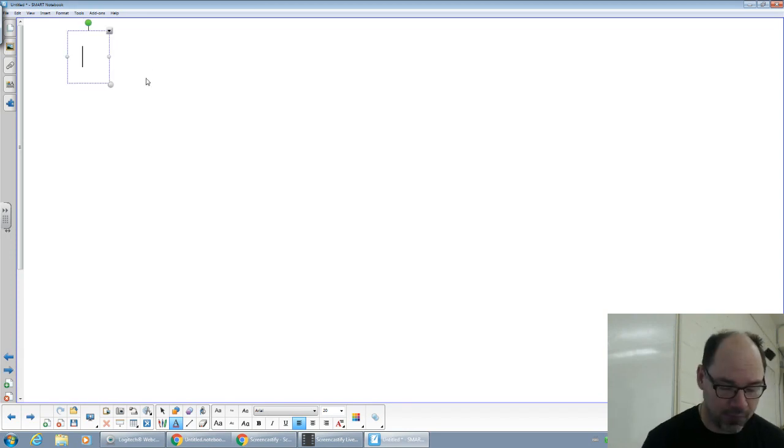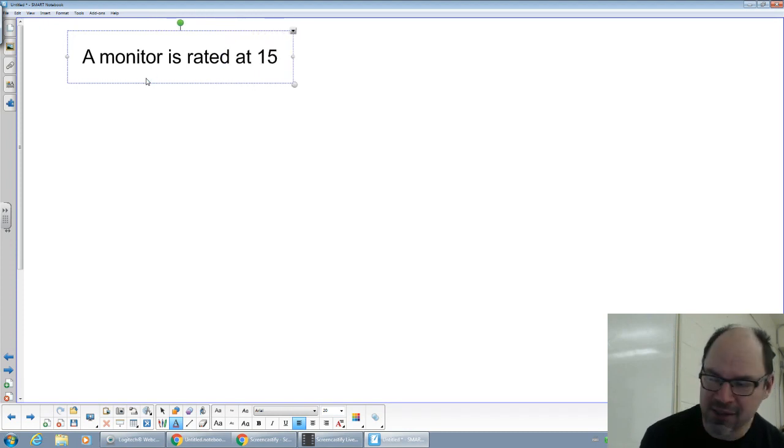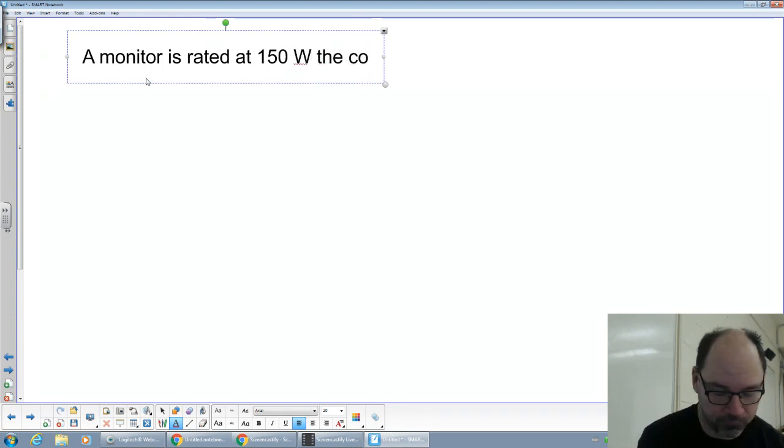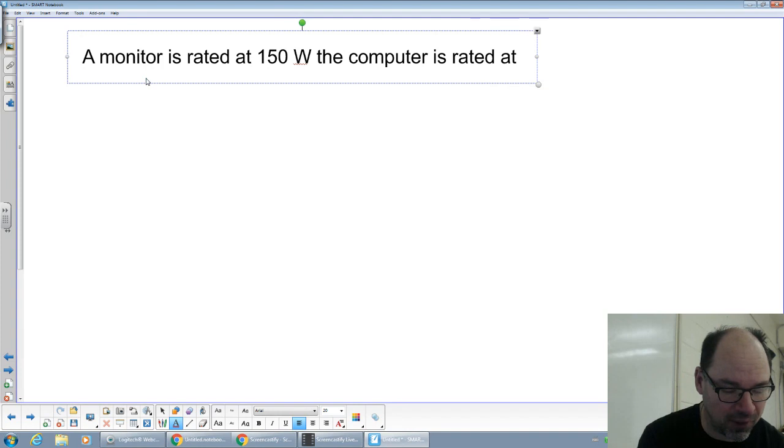Okay. So let's say that a TV or a monitor is rated at 150 watts. A computer is rated at 350 watts.